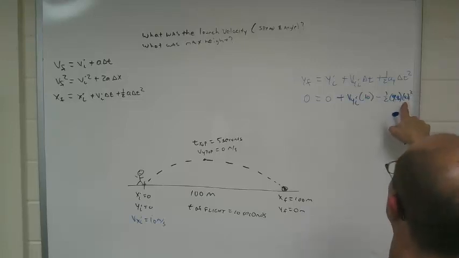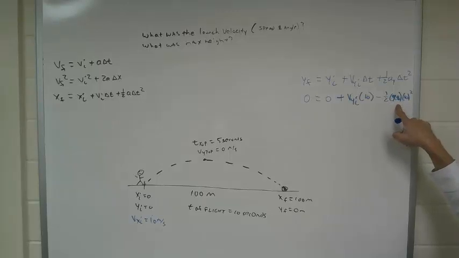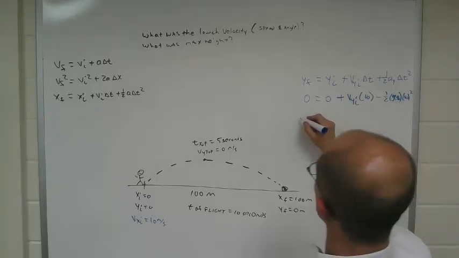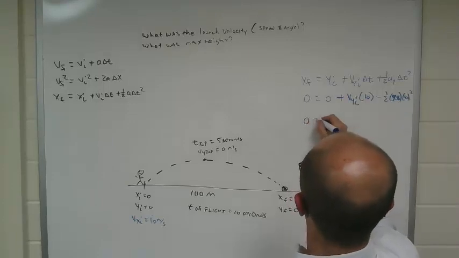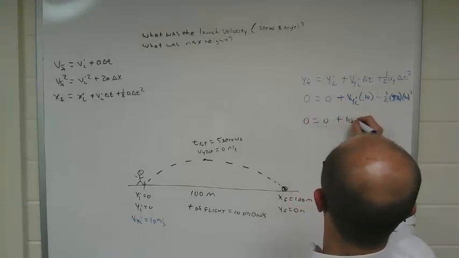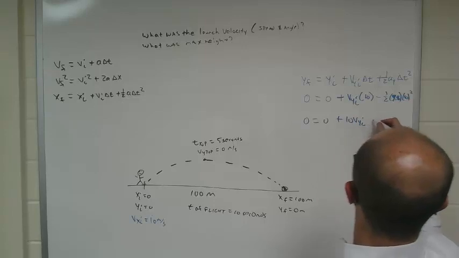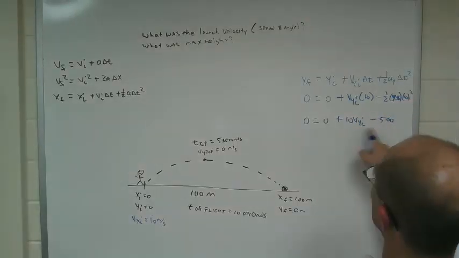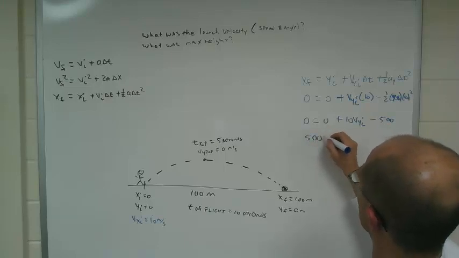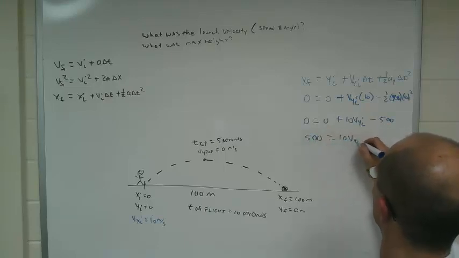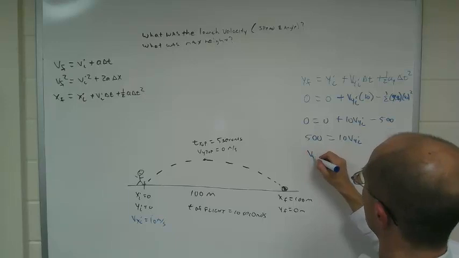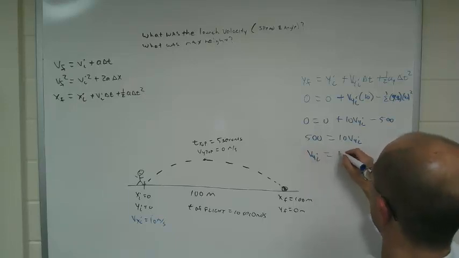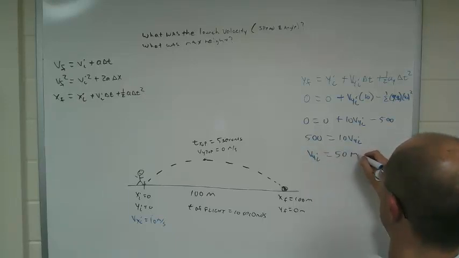That's roughly 0 equals 0 plus 10 Vyi minus roughly 500. We can move this over, so we get 500 is equal to 10 Vyi. Vyi should be equal to about 50 meters per second.